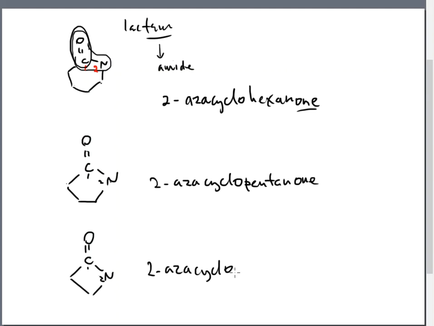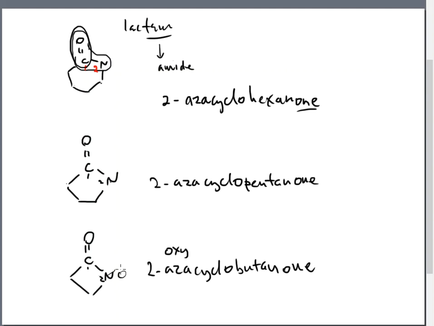So it's cyclobutane. Drop the E and add one. 2-aza cyclobutanone. If this was 2-oxy cyclobutanone, well, that nitrogen would be swapped with an oxygen. Folks, that's how close lactams and lactones are to each other.